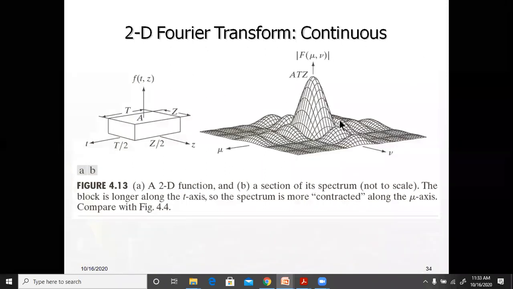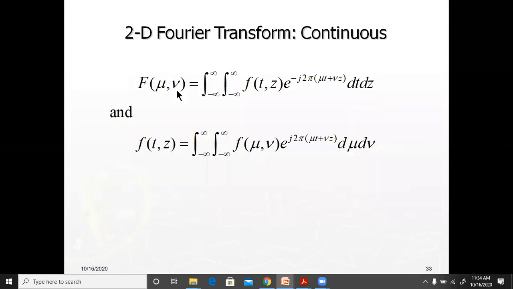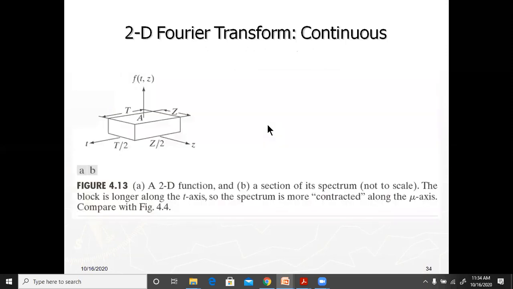This is the figure whose expression is written like this. So F of mu comma v is just the 2D Fourier transform of f of t comma z, and that's what we have written here. The Fourier transform of f of t comma z is F of mu comma v.